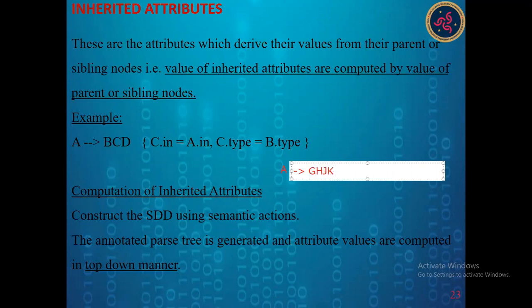Here, if we want to derive an inherited attribute for J, I can have that value only from G and H, that is, the symbols towards the left side of this variable. I can't take the value from K. That is the rule that has to be applied for inherited attributes.